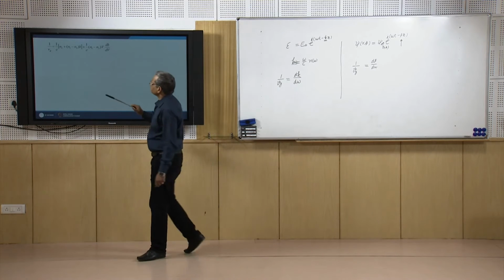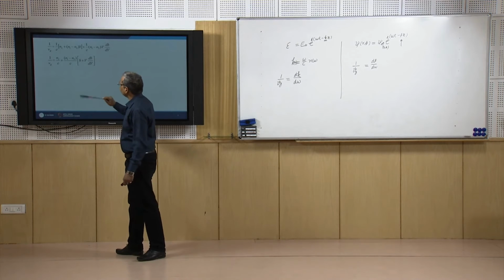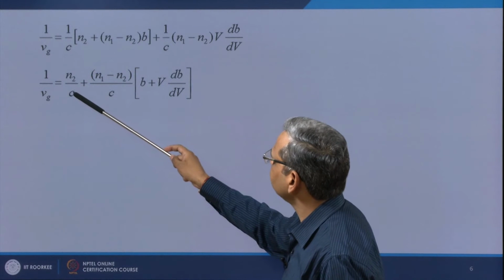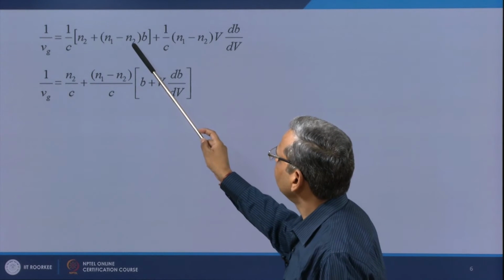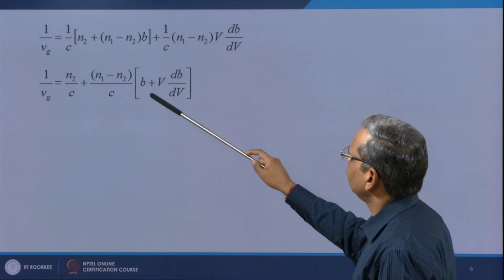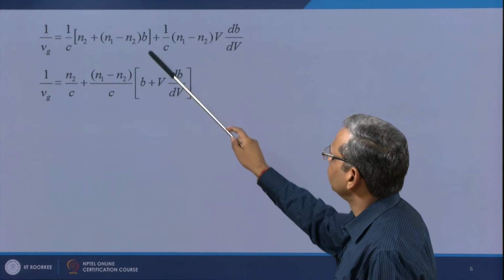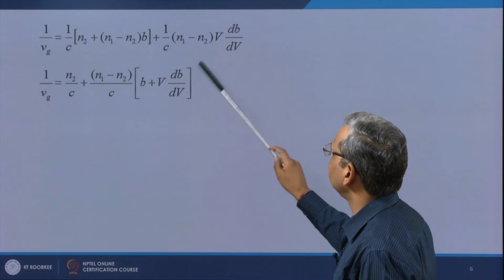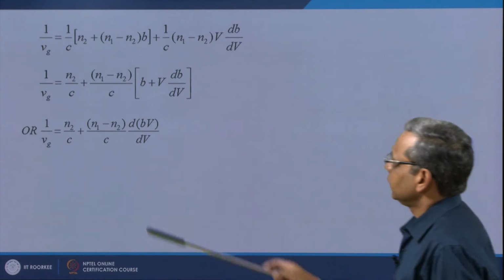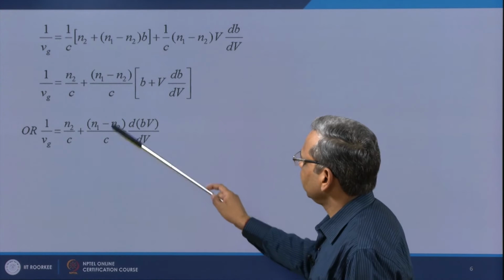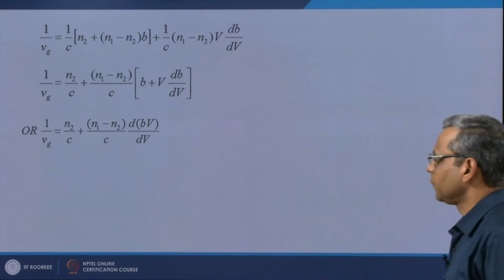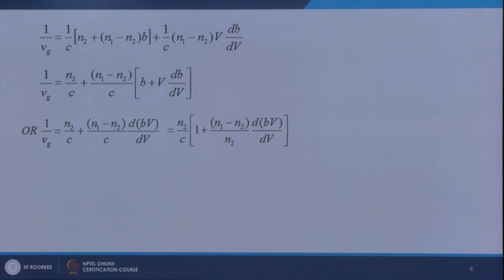So, now I simply rearrange the terms here. I take this n2 by c here and n1 minus n2 by c here, which I take common from this term also. So, here I have in the square brackets b, which is coming from here, plus V times dB over dV. Okay. So, this I can simply write as n2 by c plus n1 minus n2 by c, and this I can write as d of bV over dV, right.